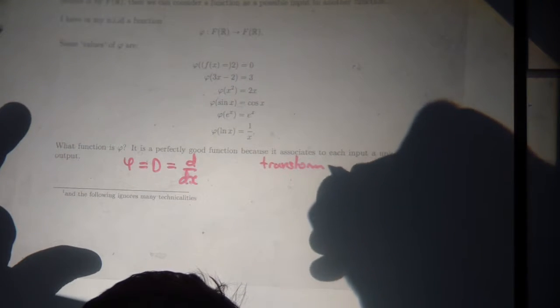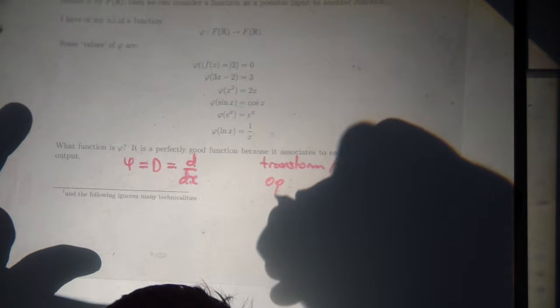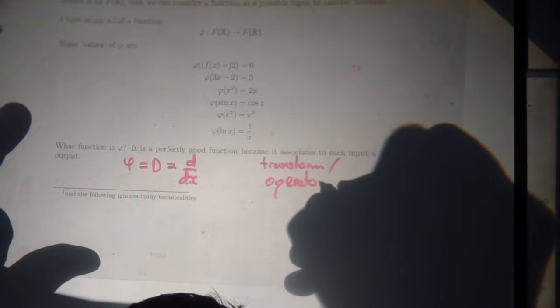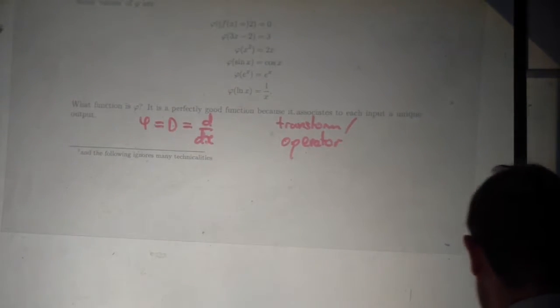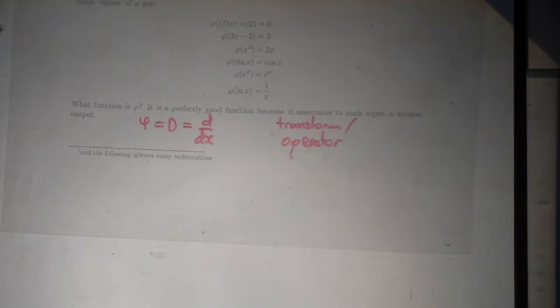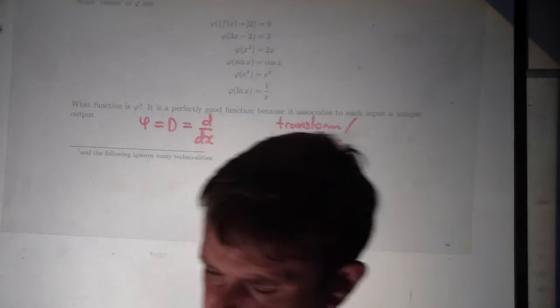Now I've used the word transform, and that's probably not a terrible idea. The one I actually really want to use is operator. Both of these are terms you'll meet. Transform you will see a lot next year, and if you go into level 8 you'll see it as well. Operator is the other kind of language. So transform or operator, they're both kind of good.